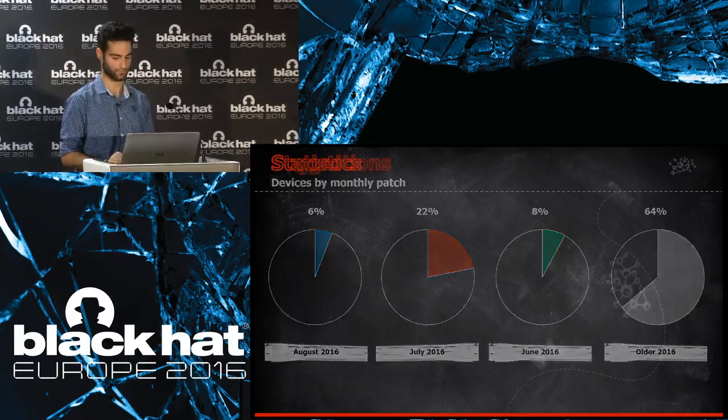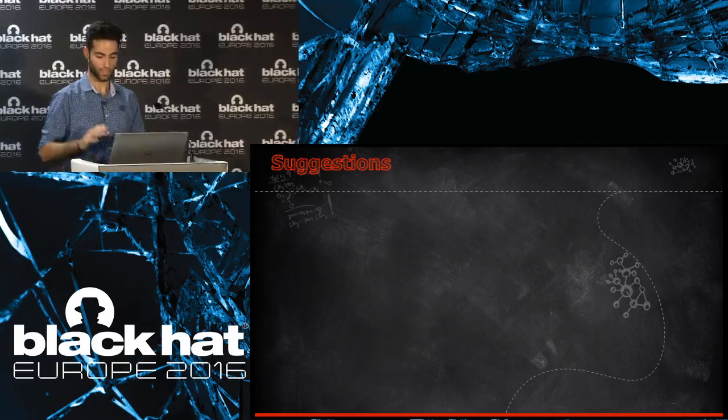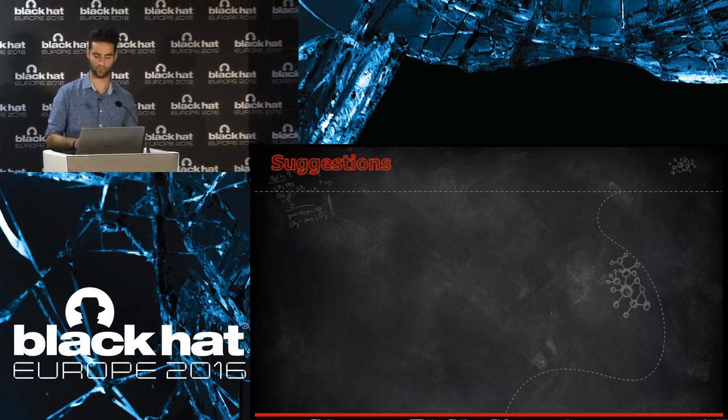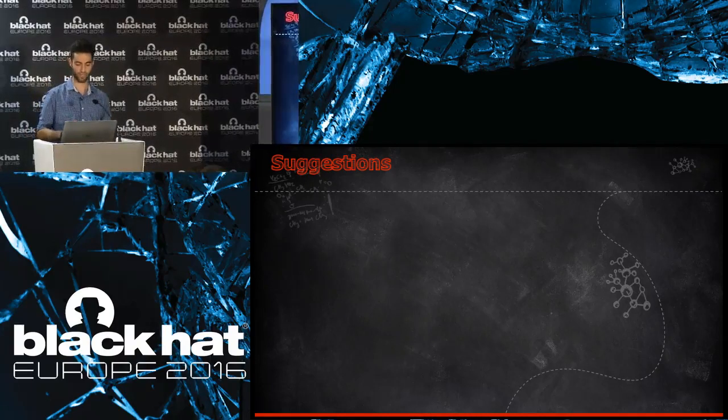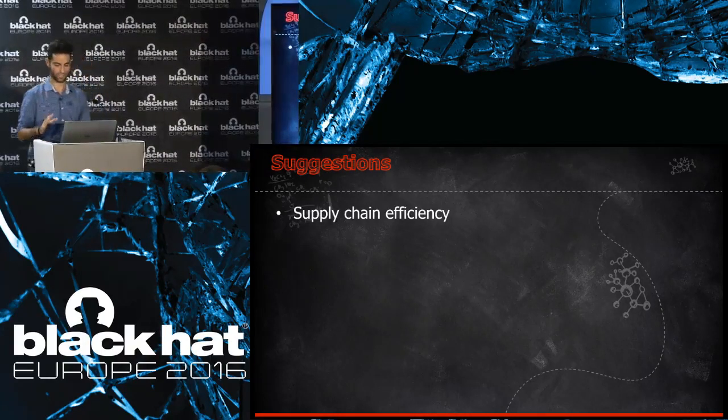And with that said, suggestions. First of all, the supply chain of Android actually prevents security patches from being distributed efficiently to the endpoint user. A chipset vulnerability is extremely important in that case because every vendor has to adapt and distribute it on their own.